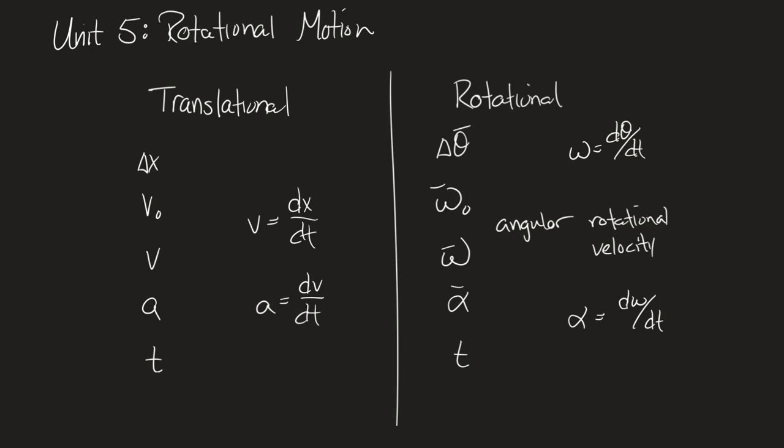On the other hand, all of these can be in radians or degrees or rotations or revolutions. Those words should be familiar to you, and you should have some knowledge of the unit conversions. That one rotation is 1 revolution, and they equal 2 pi radians, and they equal 360 degrees.